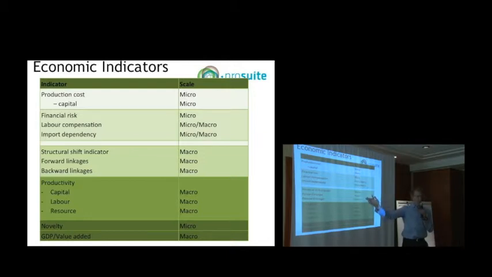We're looking at classic economic indicators of forward linkages and backward linkages, which say how important or circular and ingrained a technology is in the economy. Then there are the more headline indicators of capital, labour, and resource productivities, the novelty of a product, and then we did a calculation to see the impact on GDP. The actual headline GDP was used for the impact on prosperity.